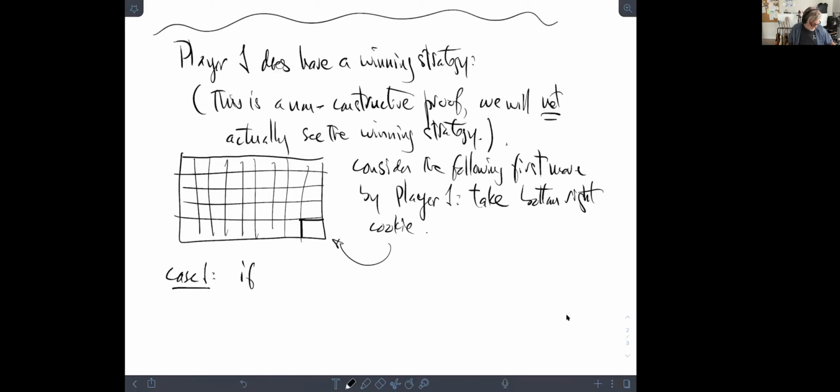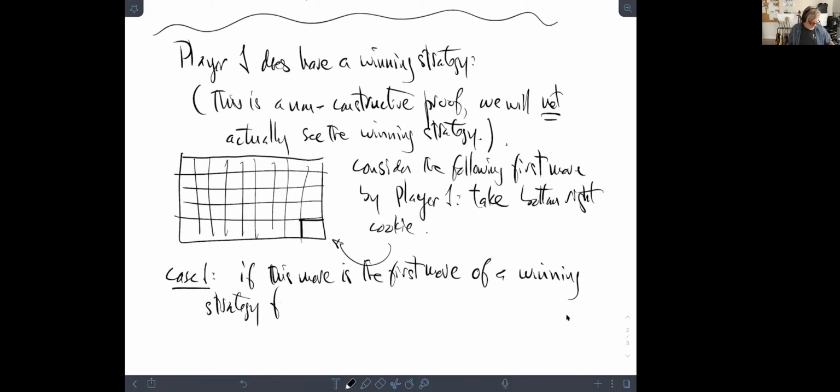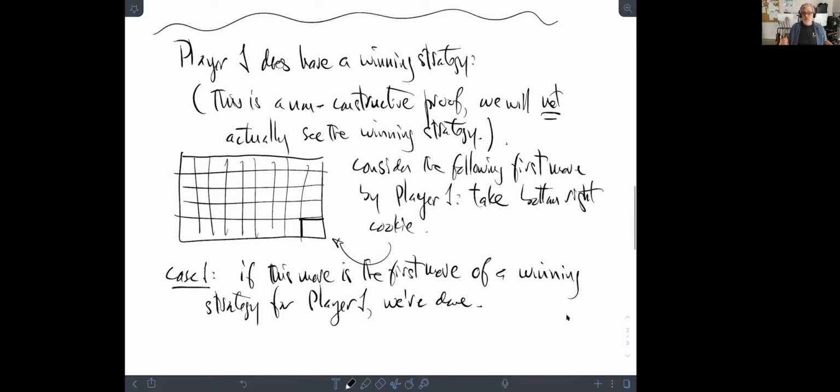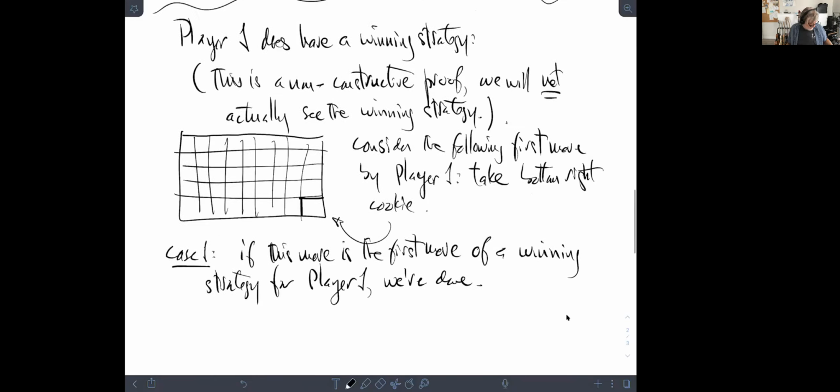So if this move is the first move of a winning strategy for player one, we are done. There's nothing to prove, right? I'm making the hypothesis that what I want to find exists. So that's it. So I have to consider the second case, right?